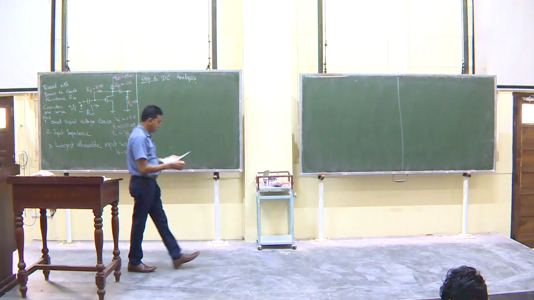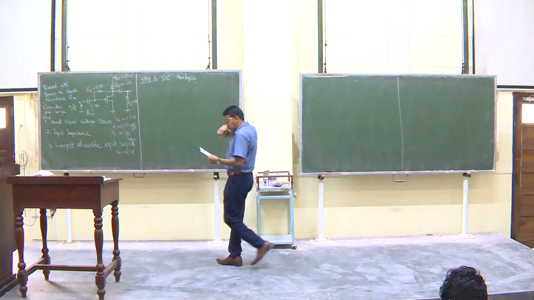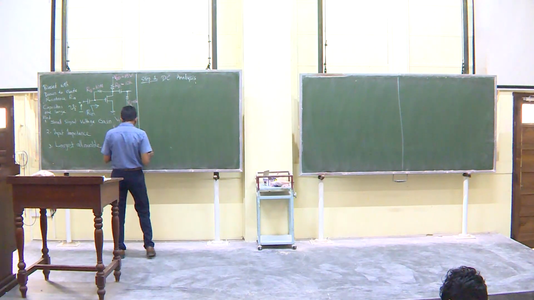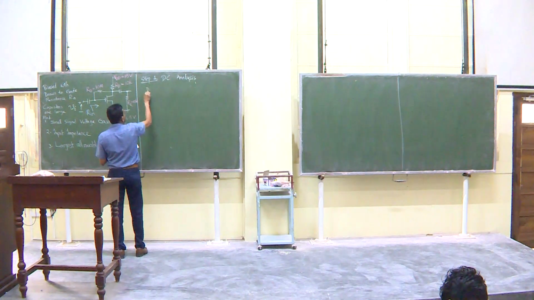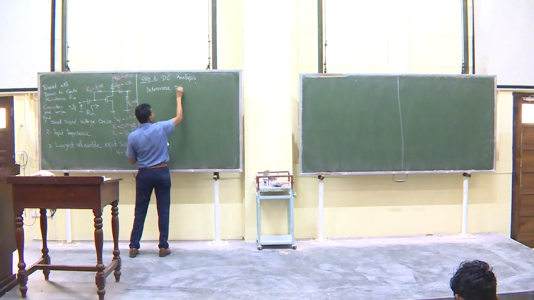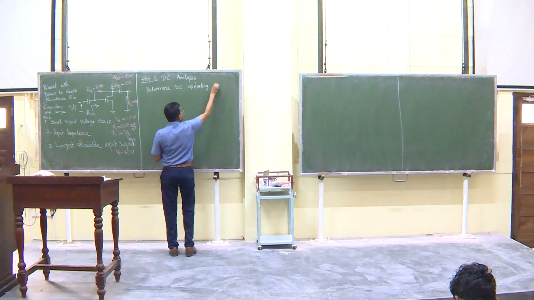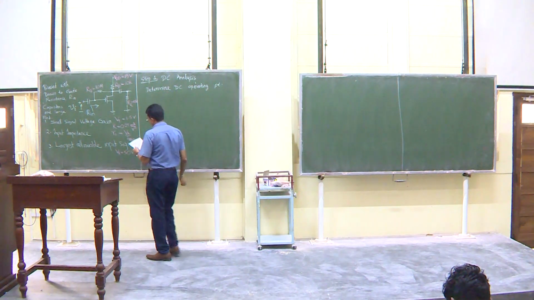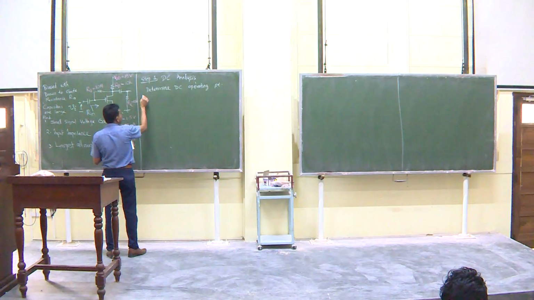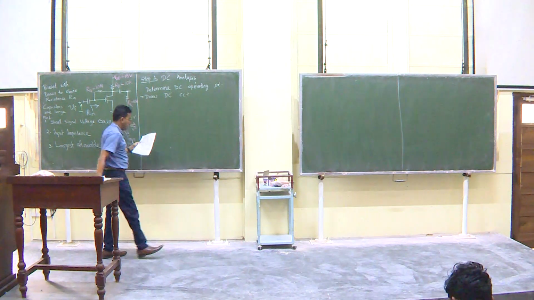So the first thing is basically doing the DC analysis. For that, we first determine the DC operating point. In order to do that, first we draw the DC circuit.